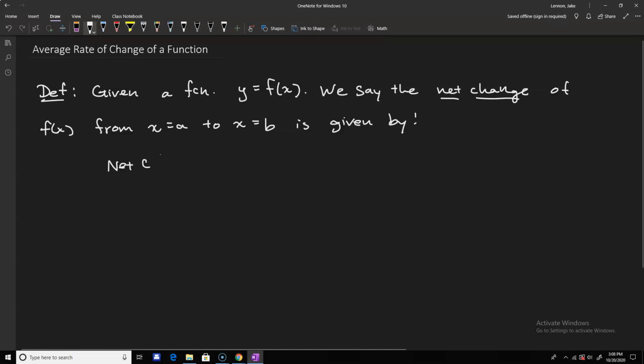So the net change will just be f of b minus f of a.